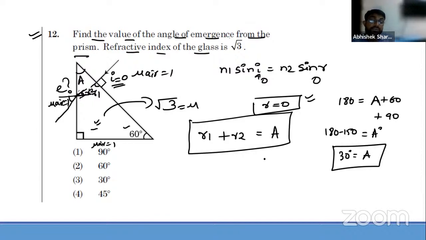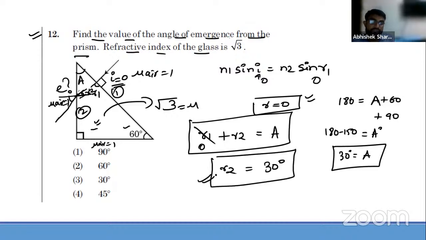The angle of prism comes out to be 30 degrees. But here the R1 value is 0. This is i, this is R1 from the first surface, and this is the second surface. R1 is 0 already, so R2 will be equal to A, that is 30 degrees. Simple now.